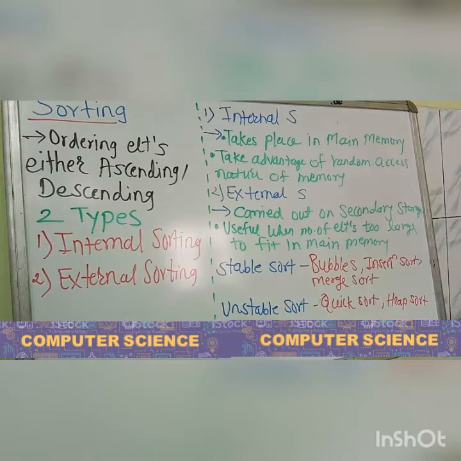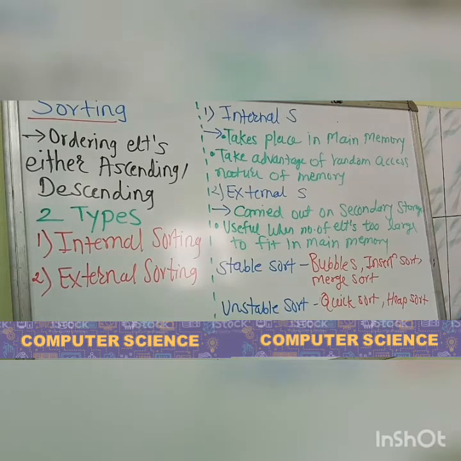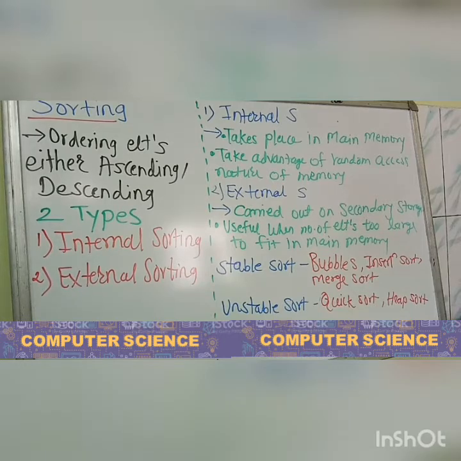Why are we using these sorting techniques? When we handle large data, there may be problems like having to access data using a particular roll number or employee ID, or having to arrange the data according to salary, address, qualification, and lots of other things.